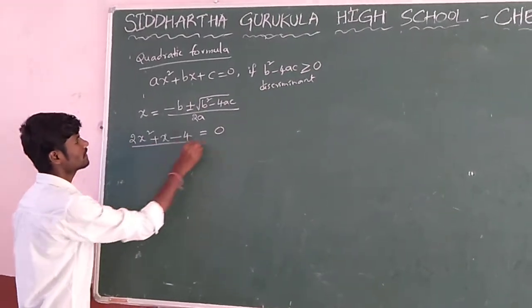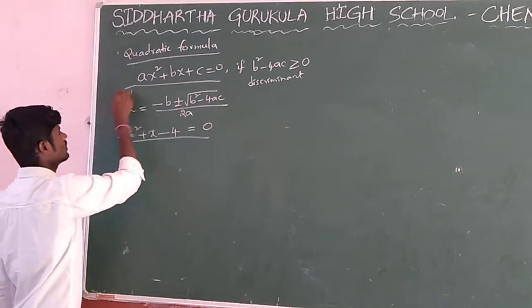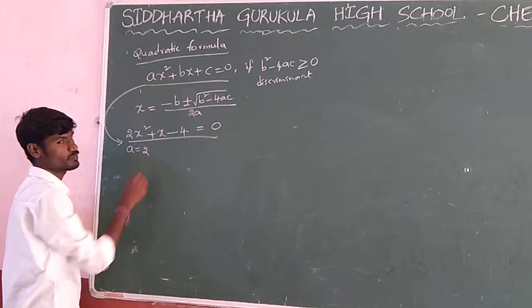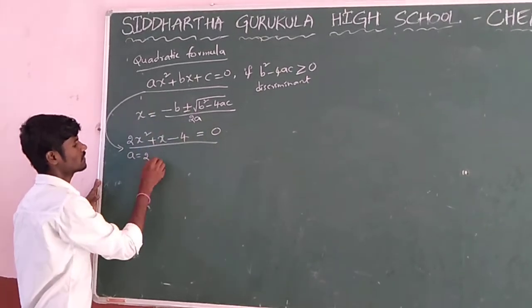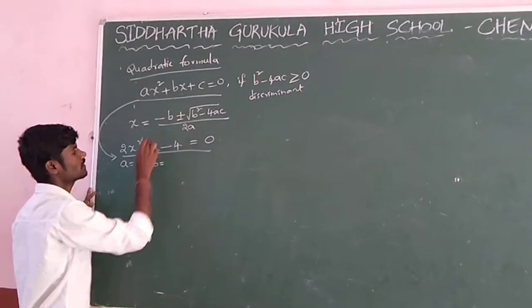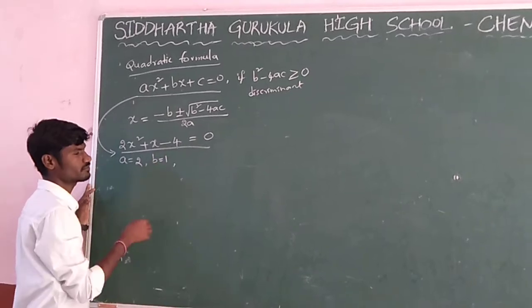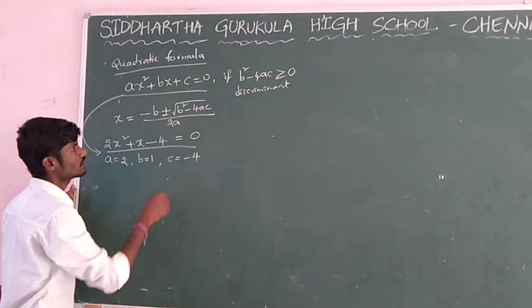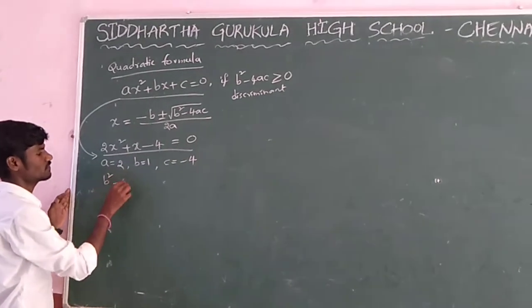If you compare it with the standard quadratic equation, the value of a is 2. The value of b, the x coefficient, is 1, since nothing written means indirectly 1. The constant c is minus 4.